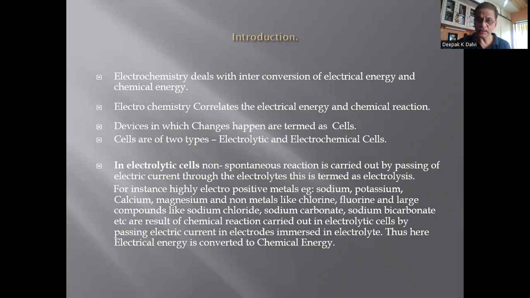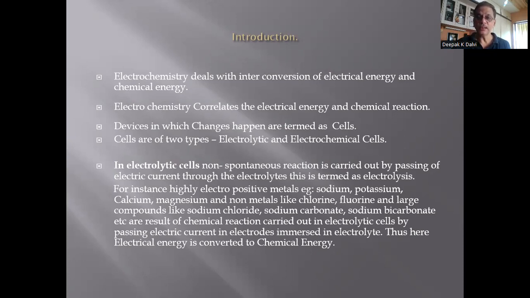So in electrolytic cells, the reaction is non-spontaneous, as mentioned here. This non-spontaneous reaction is carried out by passing an electric current through the electrolytic solution. There are electrodes dipped in that solution, called anode and cathode, which will come in the later part of the section.